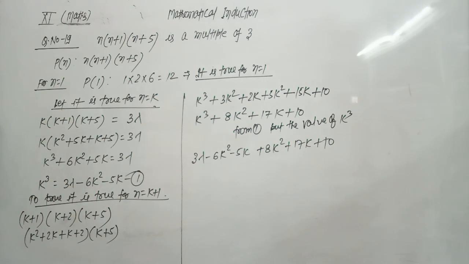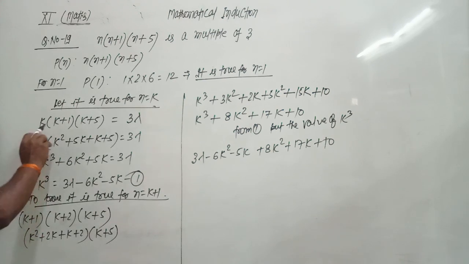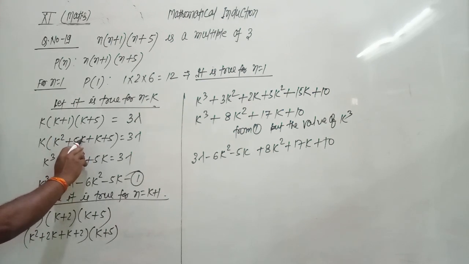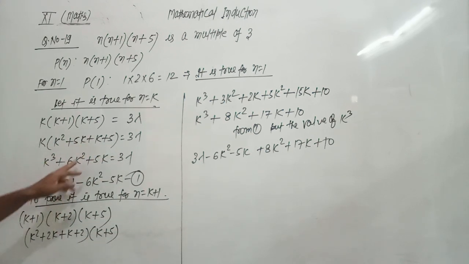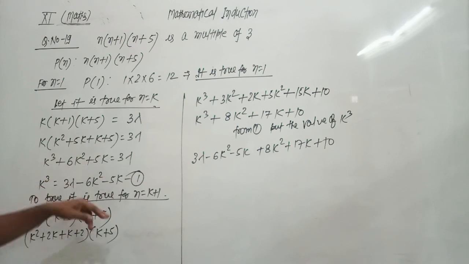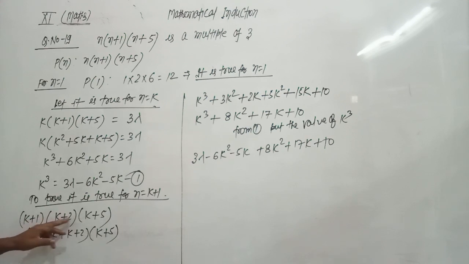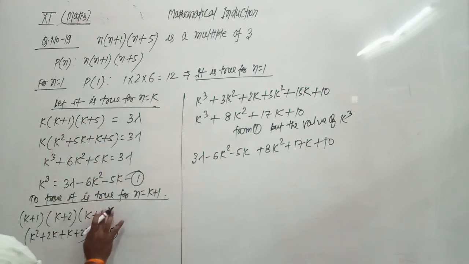For n equals to k, k multiplied by k square plus 5k plus k plus 5 equals to 3 lambda, k cube plus 6k square plus 5k, k cube equals to 3 lambda minus 6k square minus 5k. Then for k plus 1, k plus 2 and k plus 6. Here comes k plus 6.